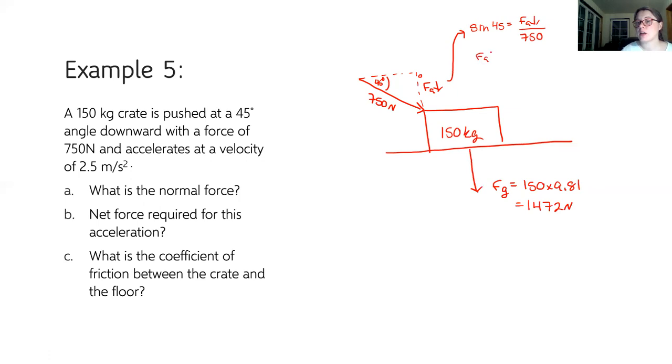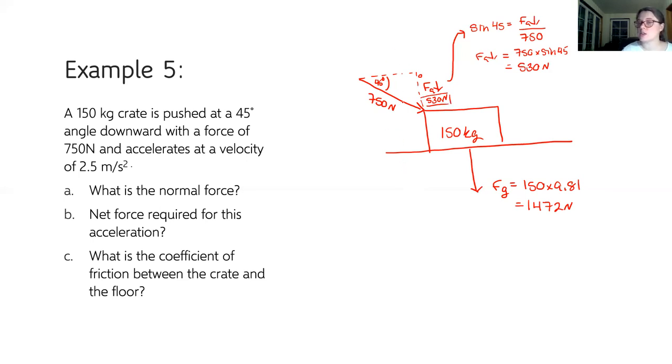The force applied downwards is going to be equal to 750 times sine 45, which gives us a force of 530 newtons. So that's our force downward, pushing down on the box as well.